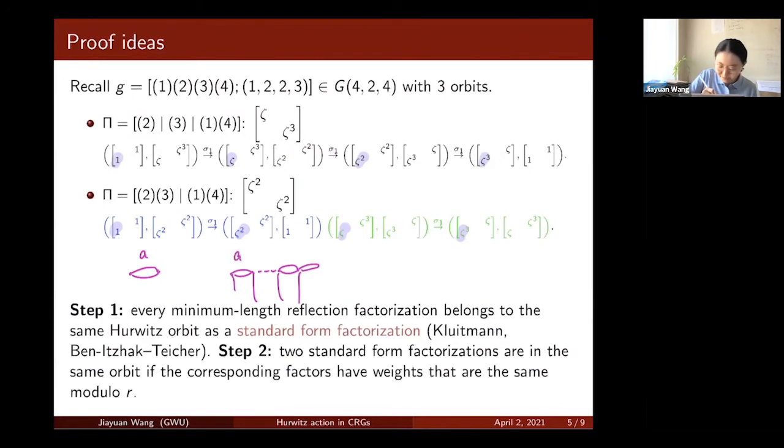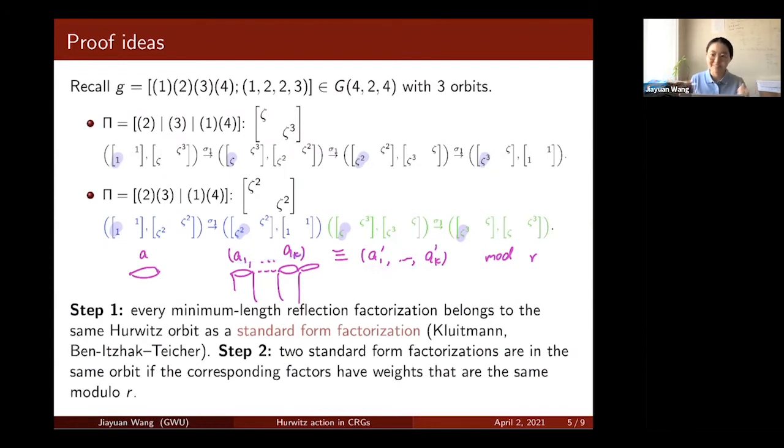So for example, we can take a1 all the way to ak. And so now instead of drawing a graph every single time when we want to mention standard form, it's enough to just look at this vector of weights. And if we have a different vector of weights corresponding to a different standard form, and it turns out they are the same mod R, then we know these two factorizations are in the same Hurwitz orbit, because we can build an explicit Hurwitz path that goes from the first factorization to the second factorization.